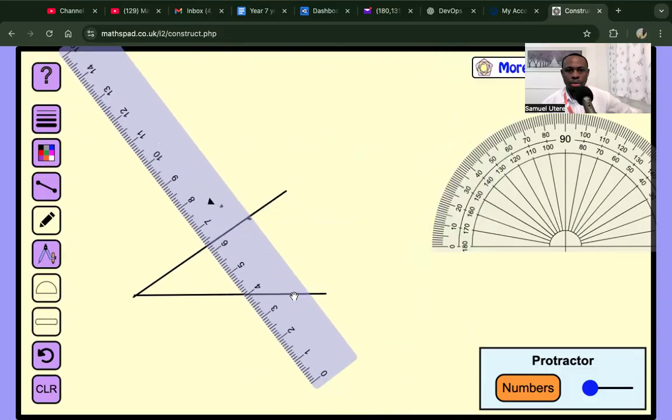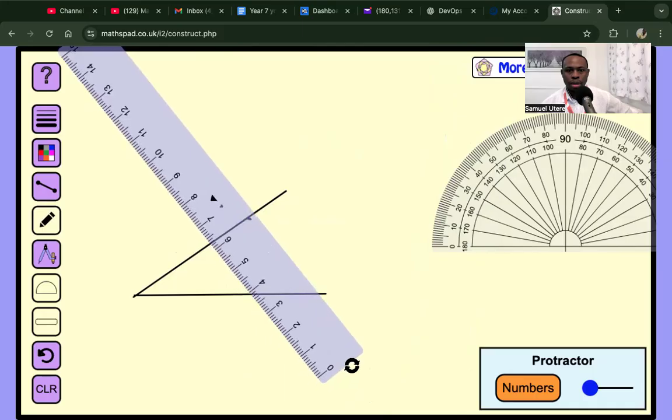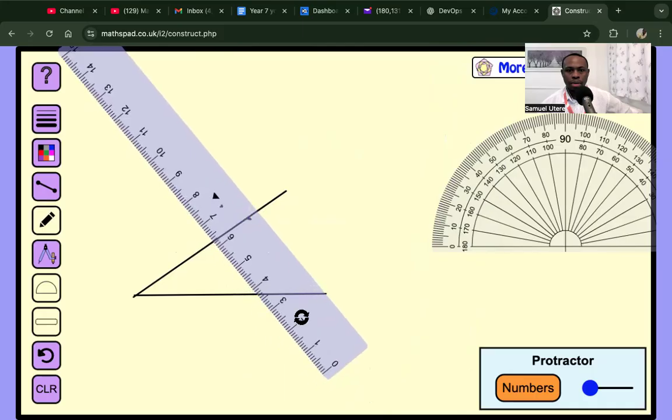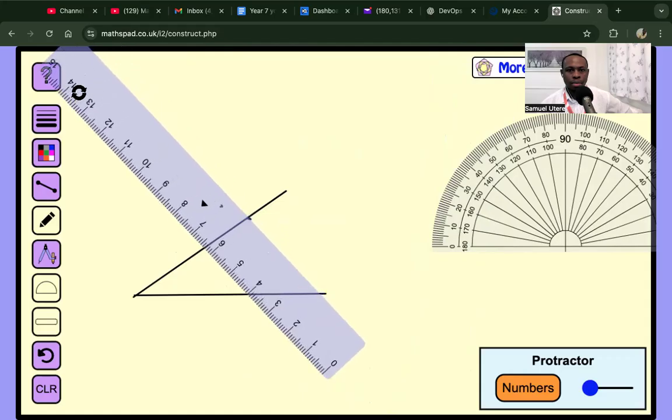And we join the end of the line with the 40-degree mark that we've made. So we take our pencil and we join them. We draw the line as long as we can. Let's do that again. In fact, we can do it with a line segment.